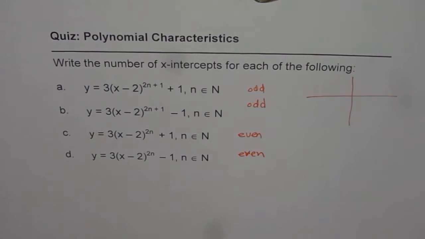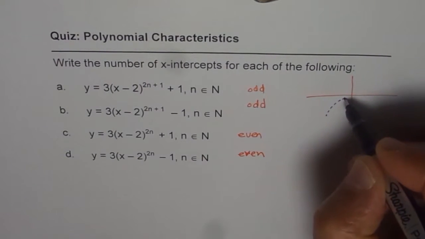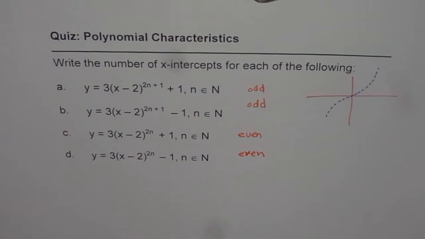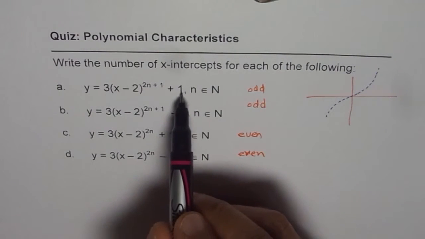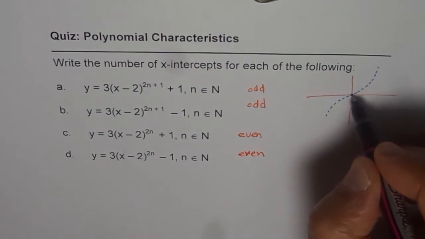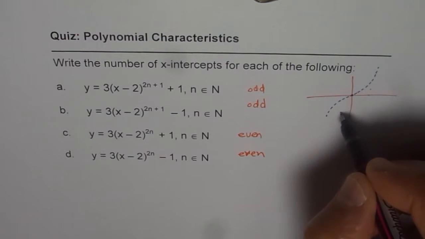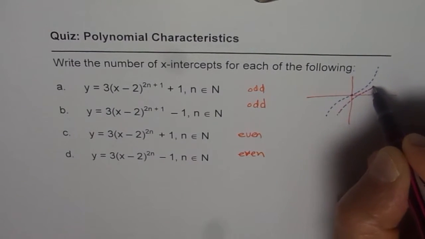So by default, we can sketch this as our function, right? Now the transformed function has moved 2 units to the right and 1 unit up. That means this point can move 2 units right and then 1 up, right?